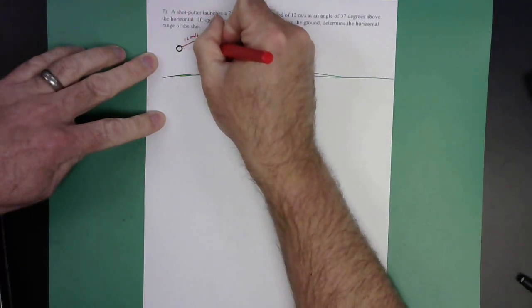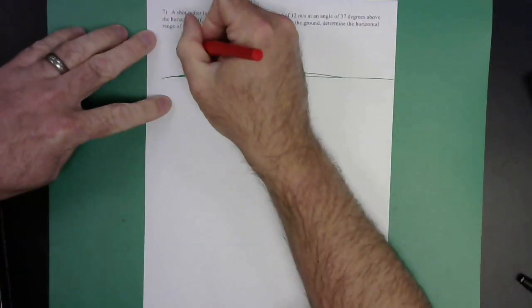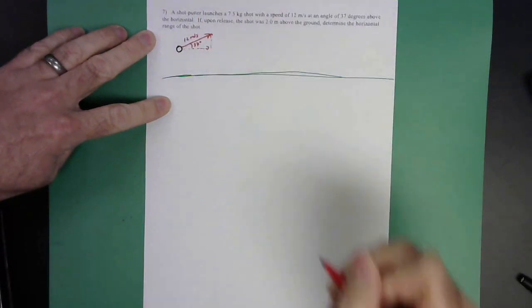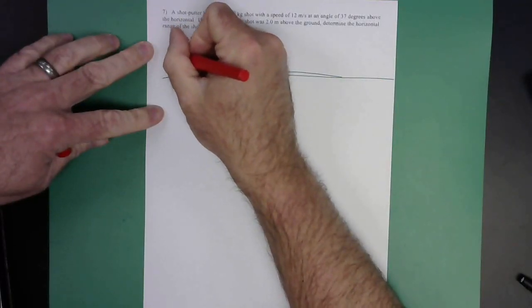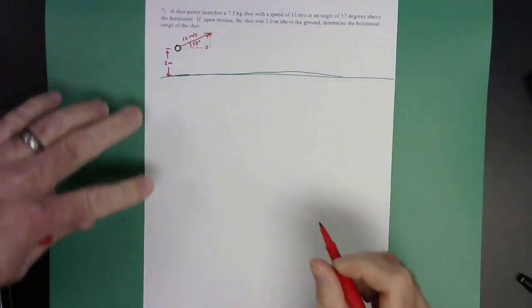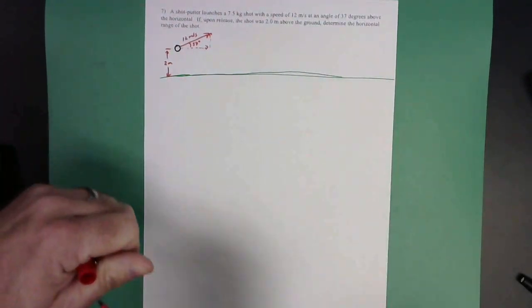I know I'm going to need to split this up into horizontal and vertical pieces, into components. I know that angle there is 37 degrees. We know that it's taking off from 2 meters above the ground, and we want to know the horizontal range. We want to know how far out it goes.